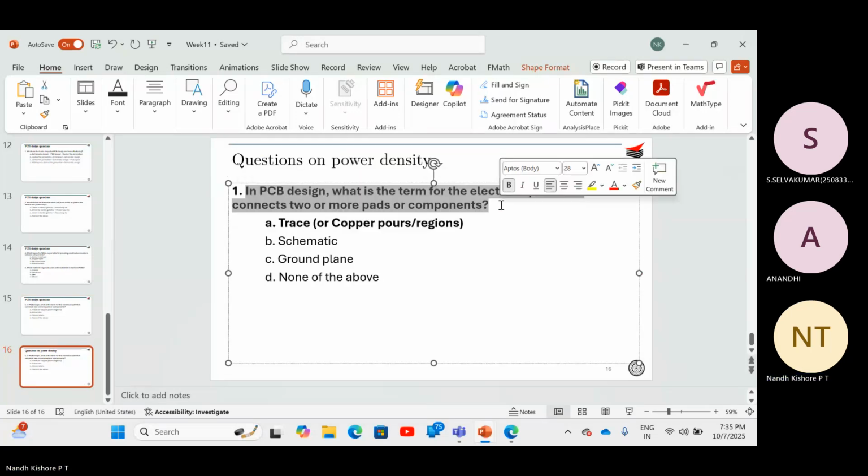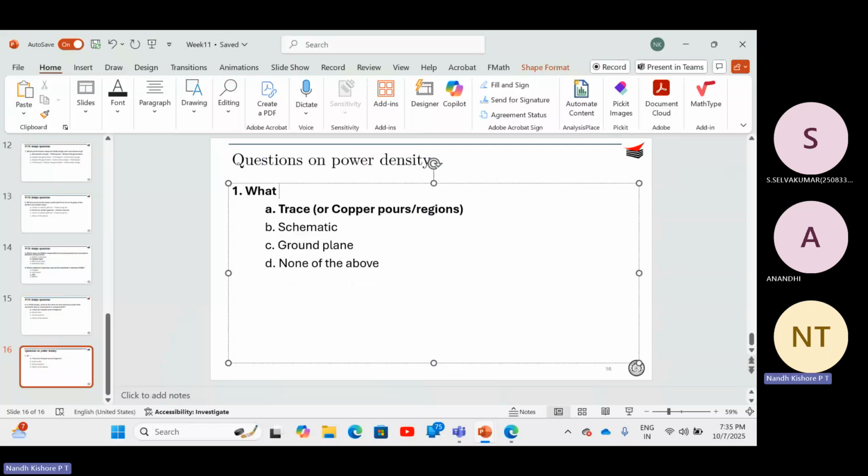What is power density? So the options are: power per unit voltage, power per unit volume, power per unit area.